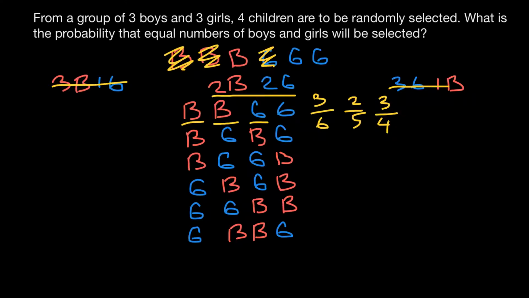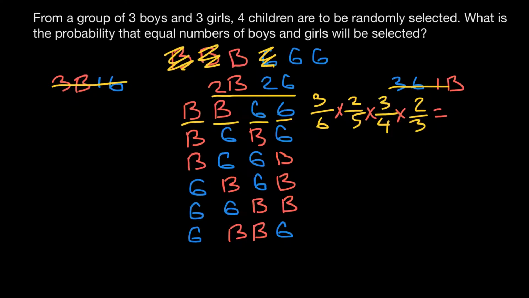And the probability to choose another girl would be, now we have 3 children left, 2 of them girls. So the probability would be 2 out of 3. Now, as you see, these are all independent probabilities, so we have to use the product rule, and we have to multiply all these individual probabilities.